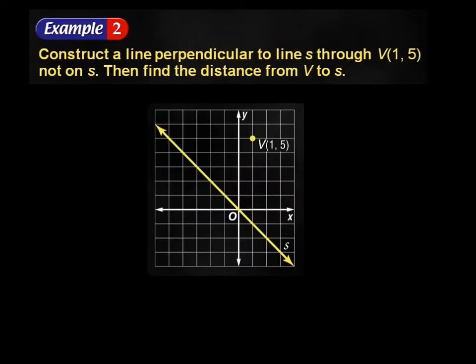Construct a line perpendicular to line S through the point V at (1, 5), not on S. Then find the distance from V to S. Okay, the book shows using a construction tool that is called a compass. I've kind of gone away from that because we know the slope of line S. The slope of line S, it's going down 1 and over 1.